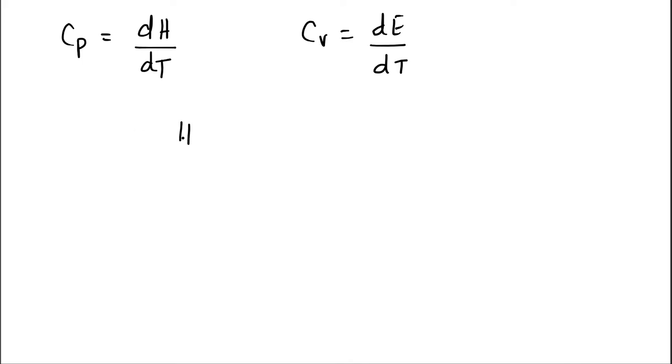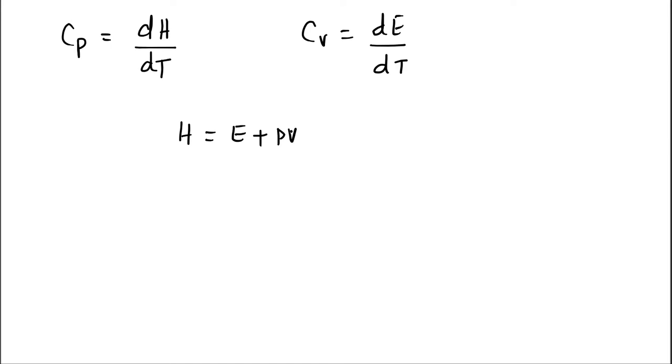So we understood Cp equal to dH over dT and Cv as dE over dT. Now let's take enthalpy, which is H equal to E plus PV.